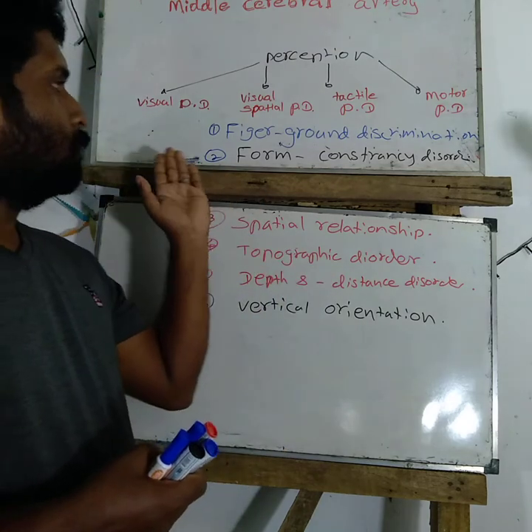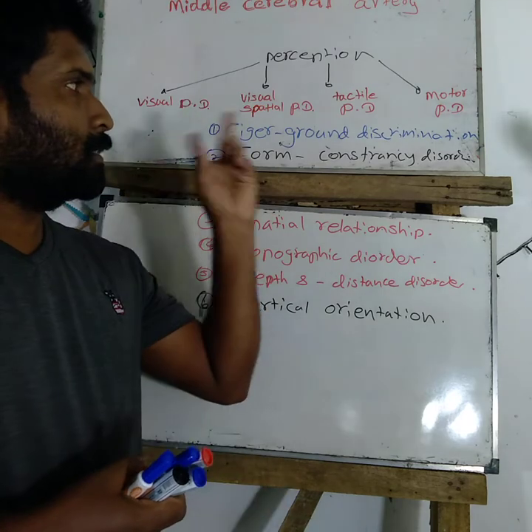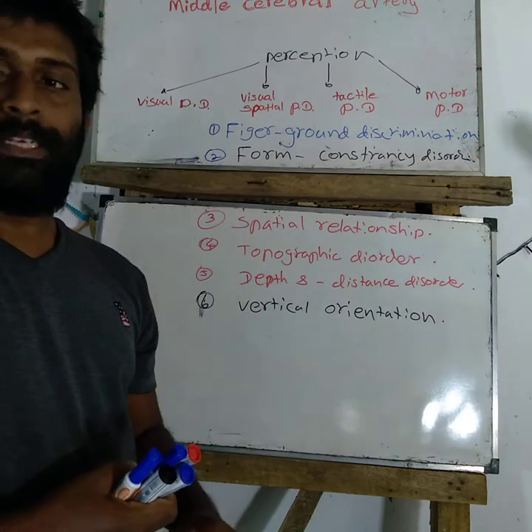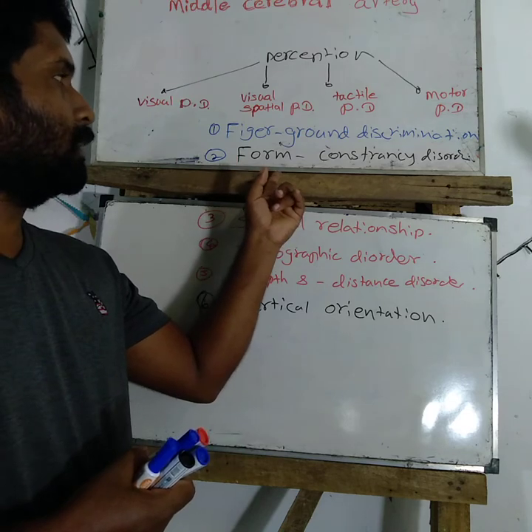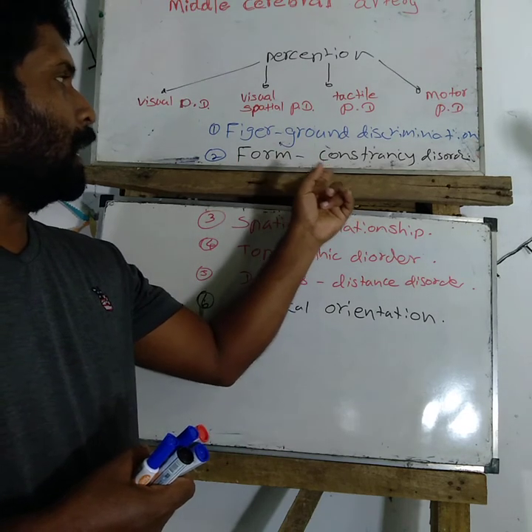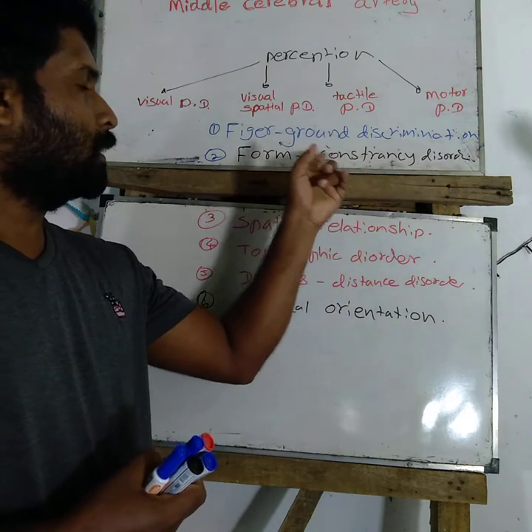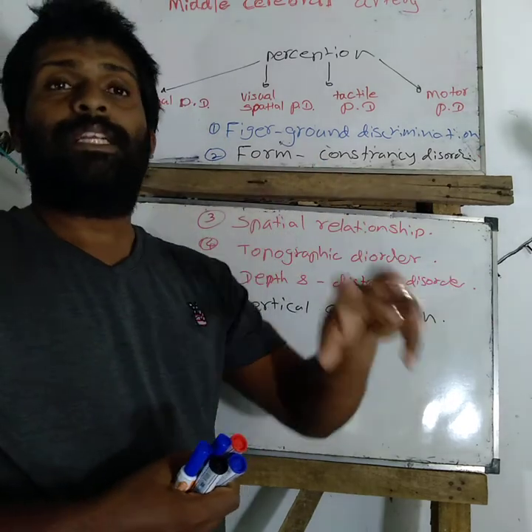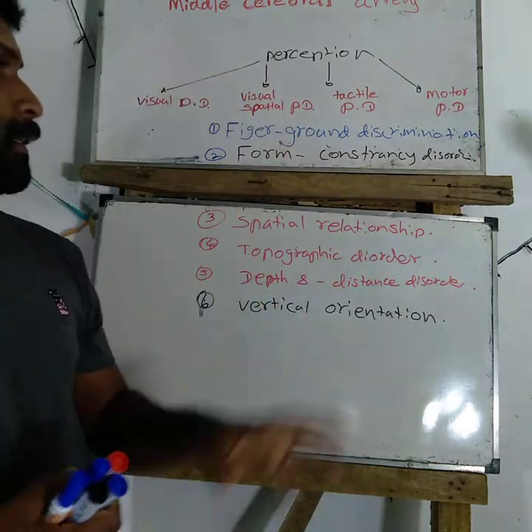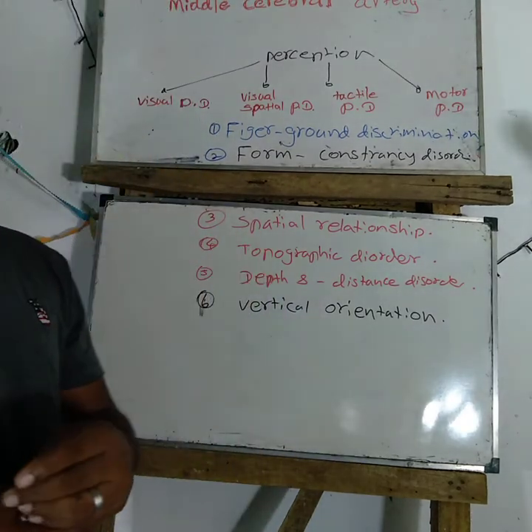Second one, form constancy disorder. It is also a dysfunction. Form identification and constancy disorder is a dysfunction, a difficulty of the patient.